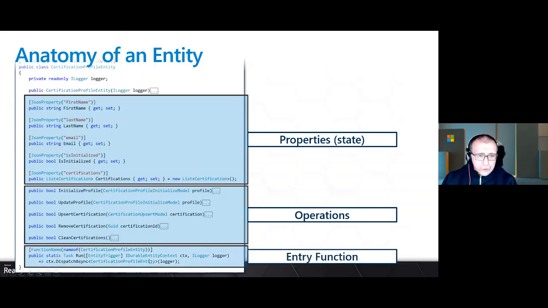This is a standard Azure function, because it's marked by a function name attribute, but you use an entity trigger. When you call the function, the platform calls this function here, and then calls exactly the operation you're looking for.